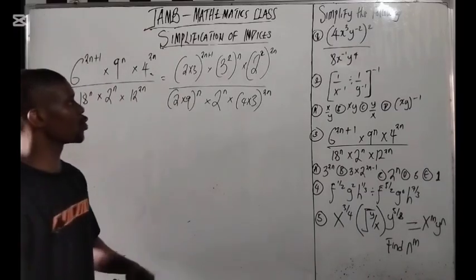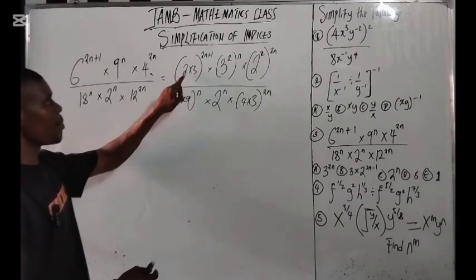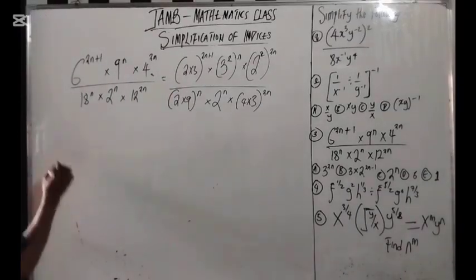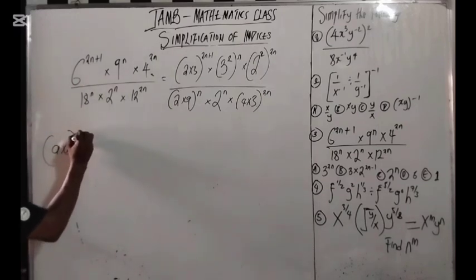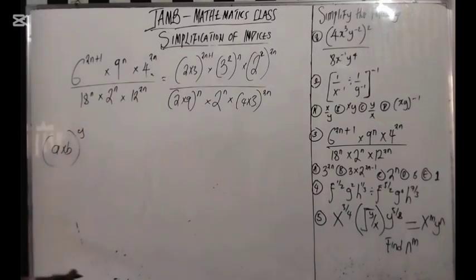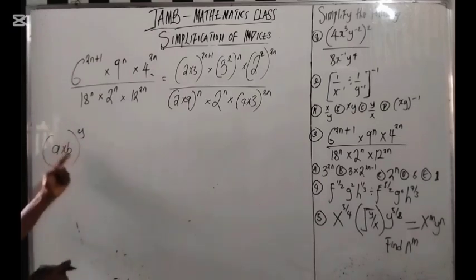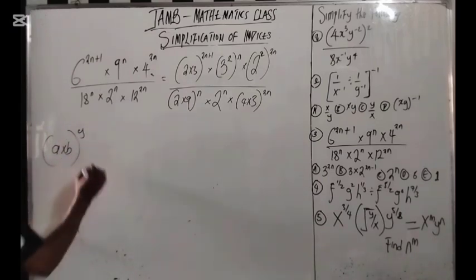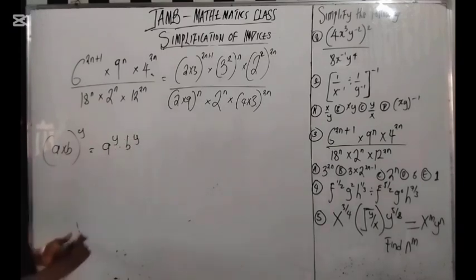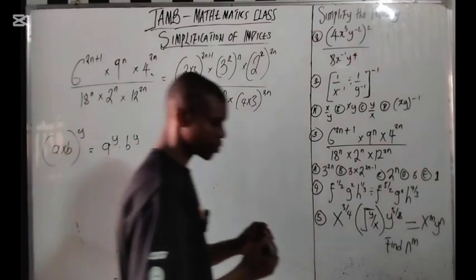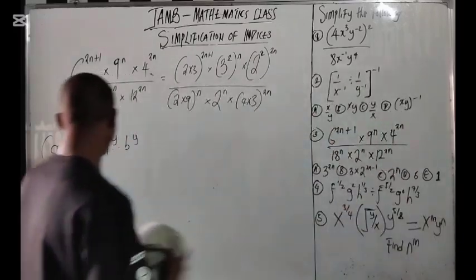Now the next one to do here is, so we'll keep on breaking it down. Now look at something here. Whenever you have something like this, a times b all raised to y, what does it mean? It means that if I should open the bracket here, it means that a to the y, dot, b to the y. Right? Now what about, do you understand?